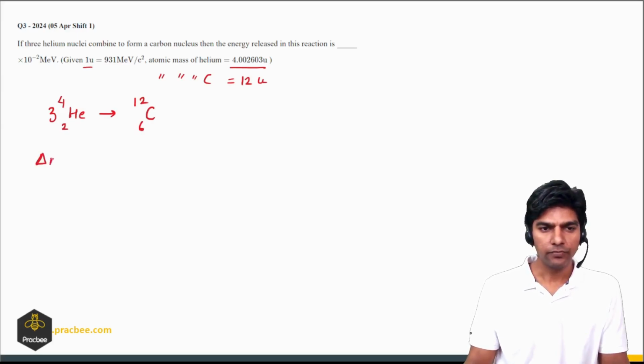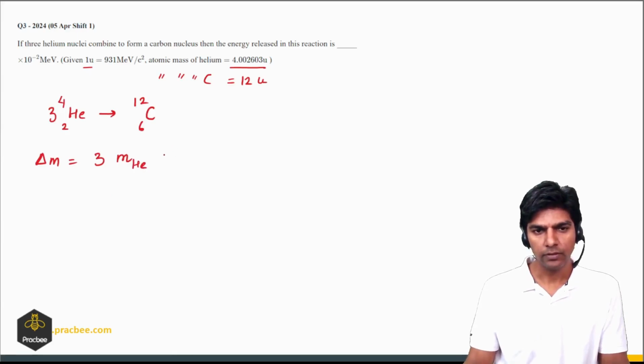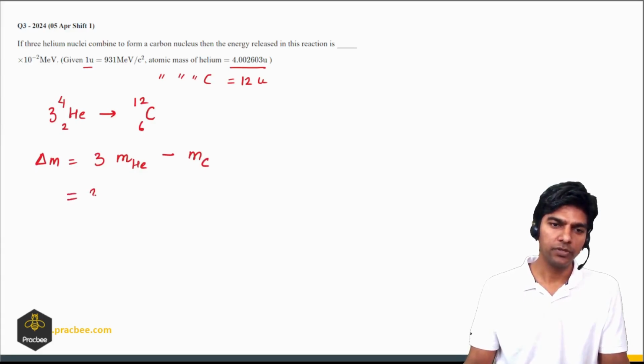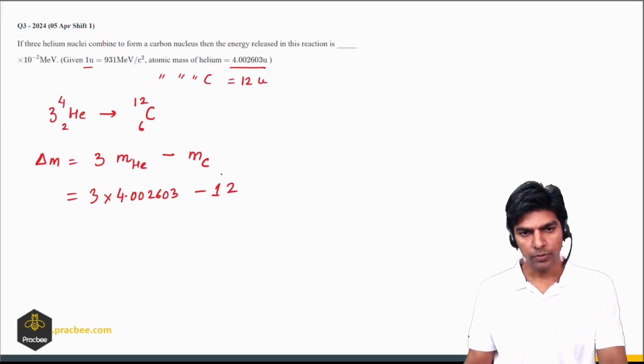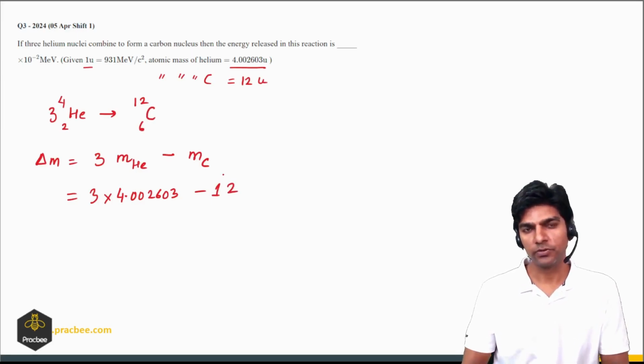So mass defect will be 3 times mass of helium nucleus minus mass of carbon nucleus. So this comes out to be 3 times 4.002603 minus 12, right? So I'm using calculator, but you have to solve this on your own, right? When you get into engineering, you're bound to use calculator, right?